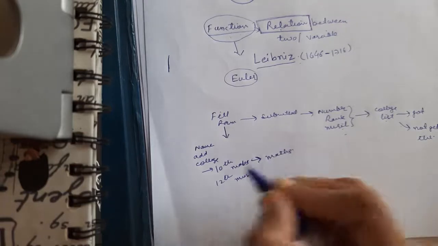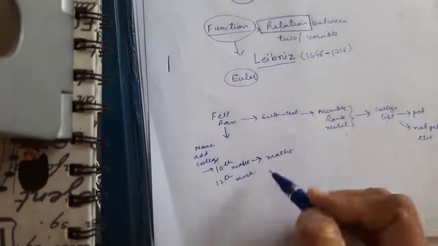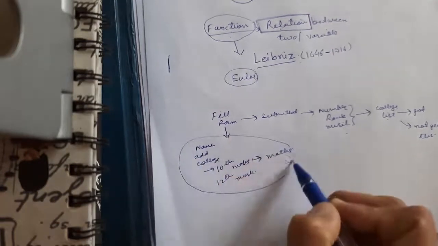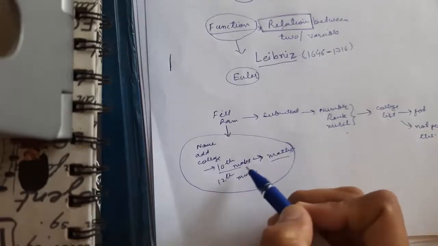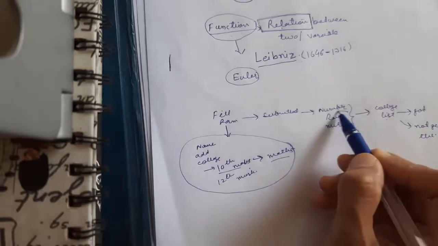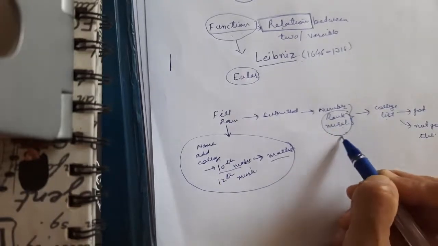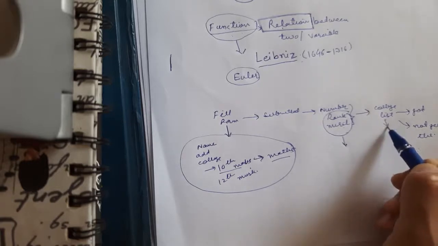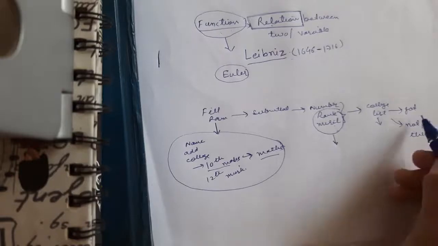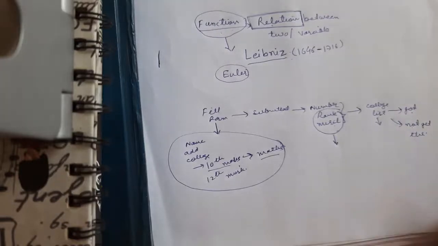Your caste, category, everything you fill in, and depending on this information, your 10th marks, your mathematics marks, your category, this merit number is generated. Based on this merit number and the college's cut-off list number, you are allotted the college or not allotted the college. Okay, that's how the admission procedure works.